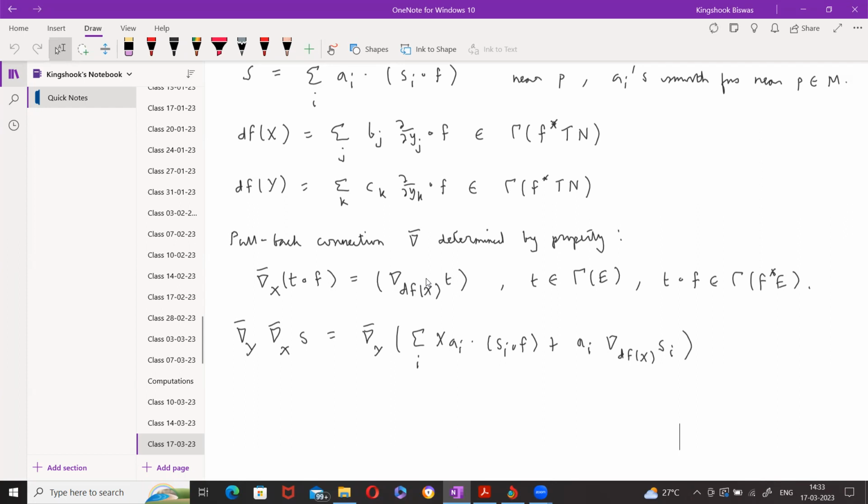At a point P, this df of X at P is a vector in N, specifically a tangent vector at f of P. The connection only depends on the value of the tangent vector at the point in its first variable.